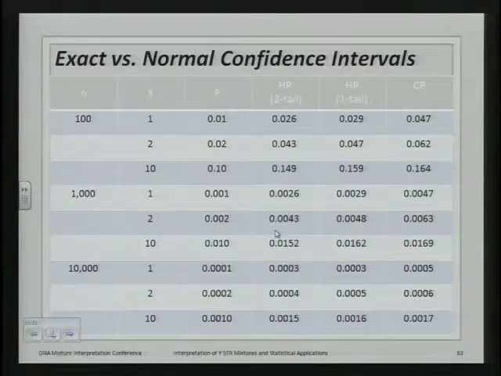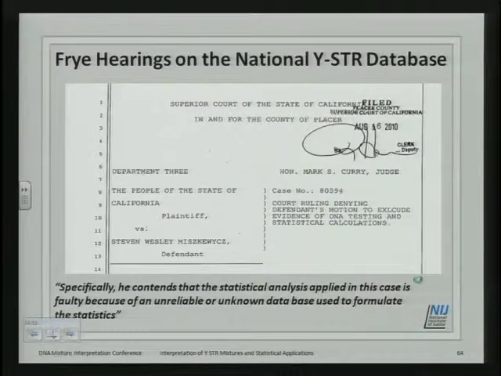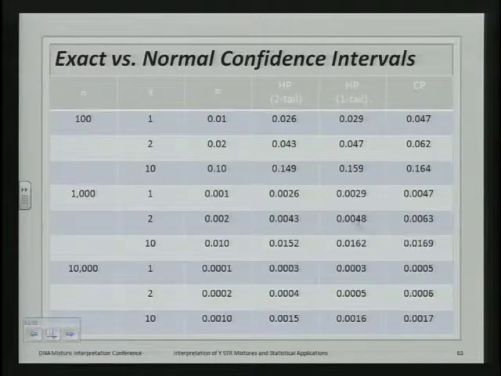You can look at this at your leisure, but you can see that Klopper and Pearson, compared to the normal distribution, is more conservative, meaning it's higher. It's a larger correction factor, basically.